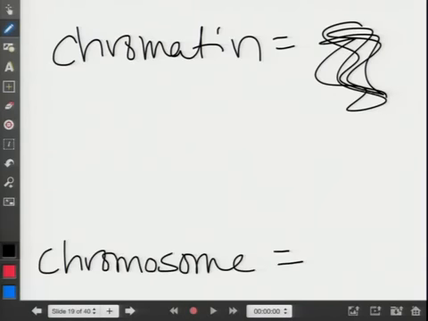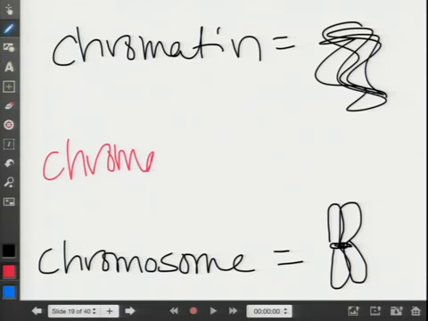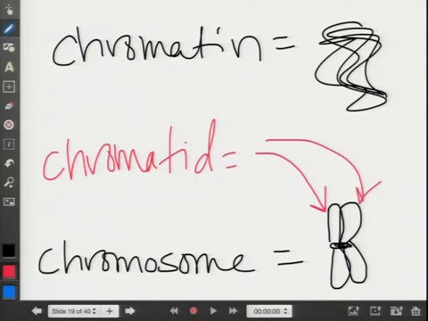We know chromosome is like the sausage, which, generally if we can see it, it's the two together. And so a chromatid is really one of those guys. Either one of these we'd call a chromatid.